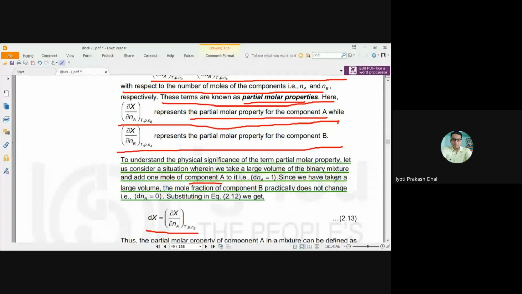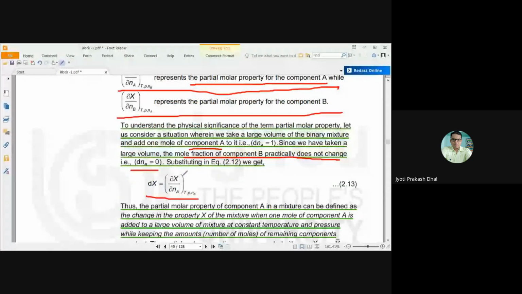Since we have taken a large volume, the mole fraction of the component B practically does not change, that is dNb will become 0. Suppose we have taken 1000 moles of A and B, and to that system we have added just 1 mole of component A. So the mole fraction of component B, that is dNb, will not approximately change.